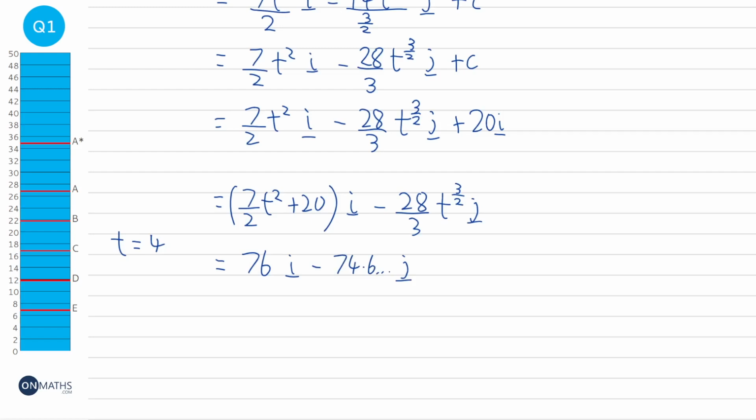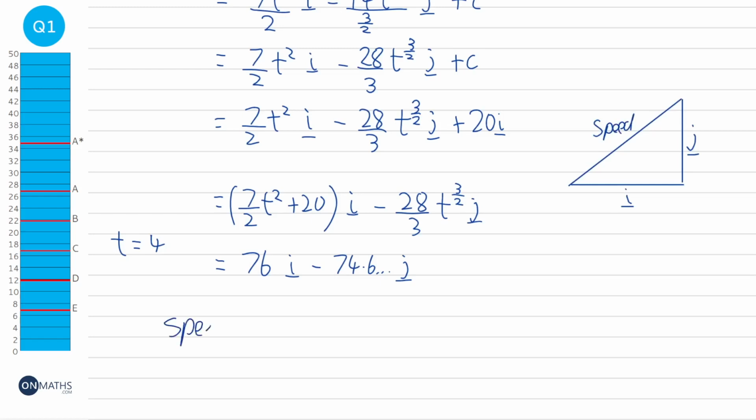Now, we're asked to find the speed, which is obviously a magnitude, so we just need to remember, if I get my lines out, that with the i and the j components, the speed is just this part here. So we're just going to use Pythagoras.